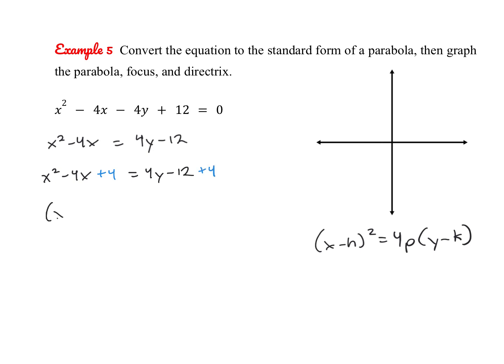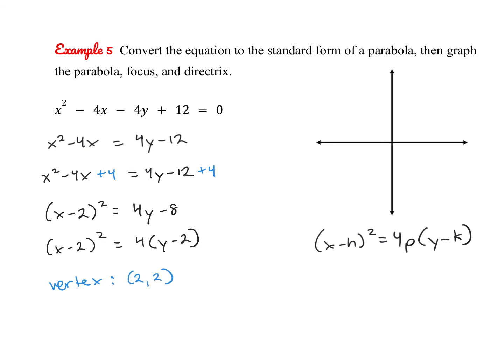Now we factor. So x minus 2 squared equals, so this becomes 4y minus 8. And then we do want to factor out that 4 to give us y minus 2. So we can see here that our vertex is at 2, 2. And then we can say, well, 4p is equal to 4, so our p value is 1.